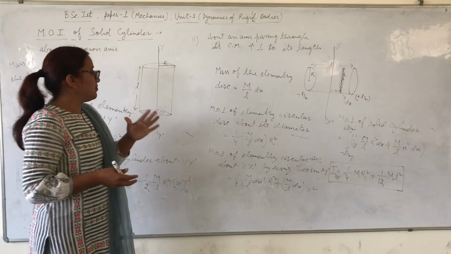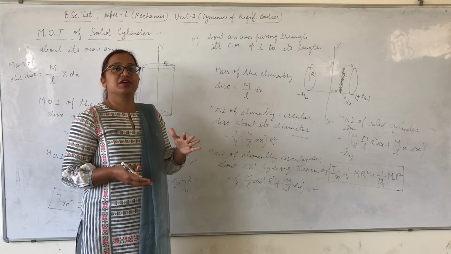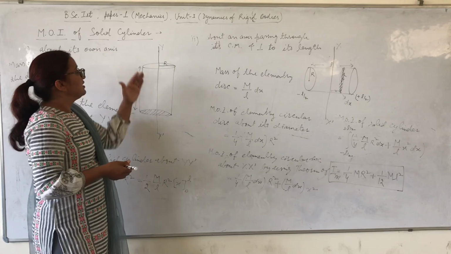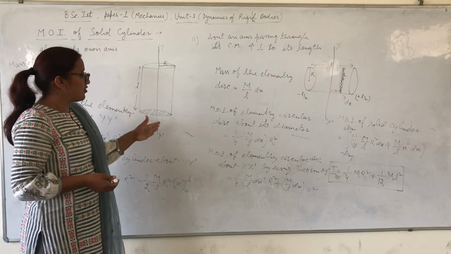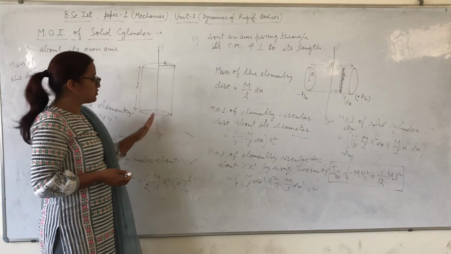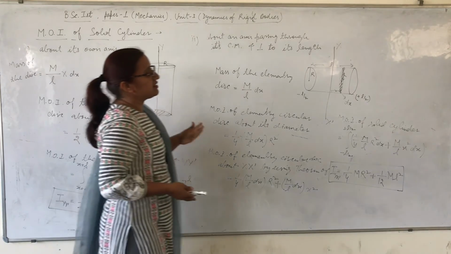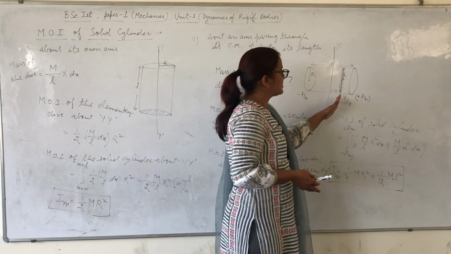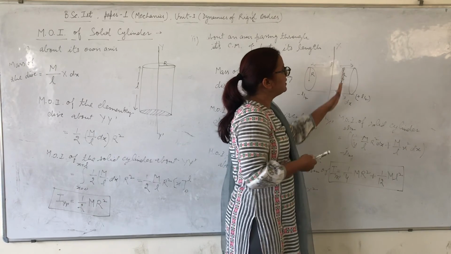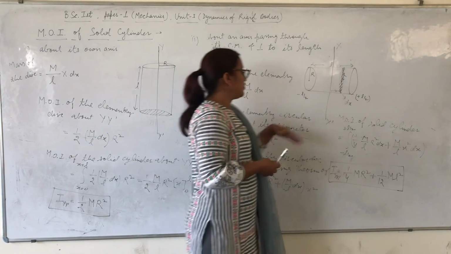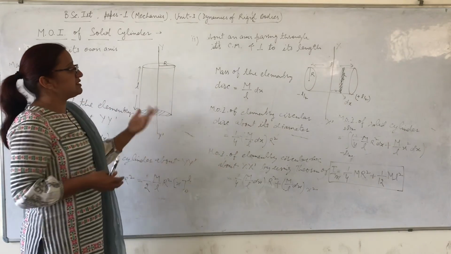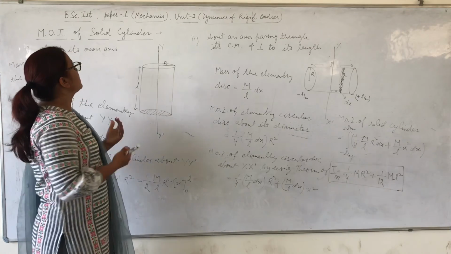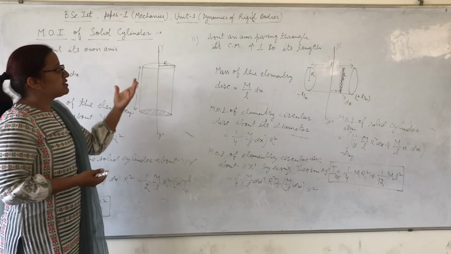You just need to remember the results of the moment of inertia of a circular disk about an axis passing through the center of mass and perpendicular to its plane, which we have used here, and the other result, the moment of inertia of the circular disk about an axis which is acting as its diameter. If we know these two results, we can easily improvise on these results and calculate the moment of inertia of the solid cylinder.